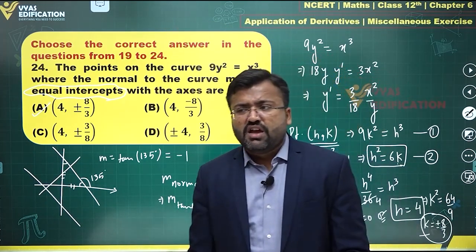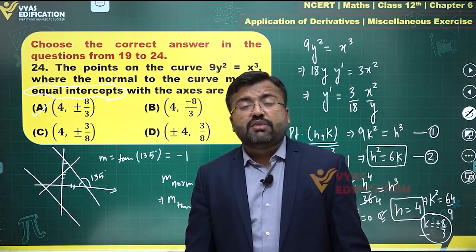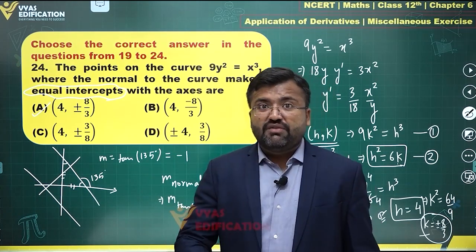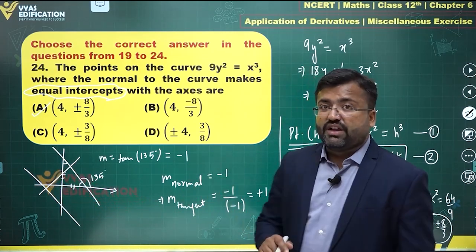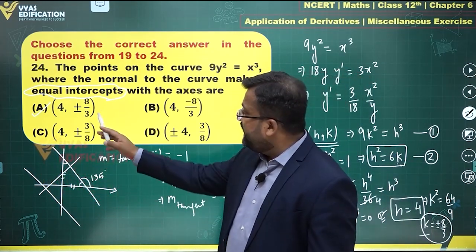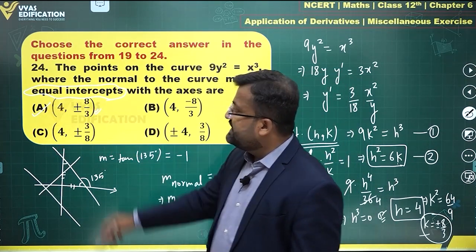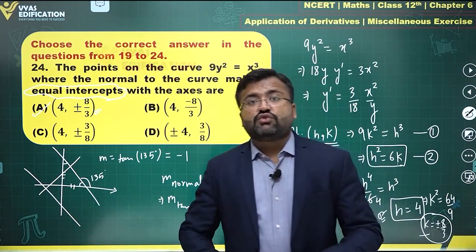This is from the point of view of NCERT; if this is controversial, people will avoid this kind of thing. But in case you get such a question, you will require some clarity and be very aware that whatever you are doing is after understanding. So take care of that. Here (4, 8/3) is not present, so the best possible choice is this answer, (4, ±8/3). That's what we have chosen.